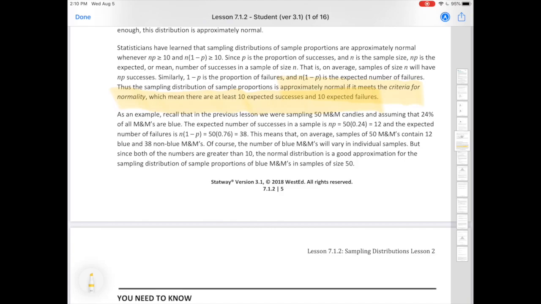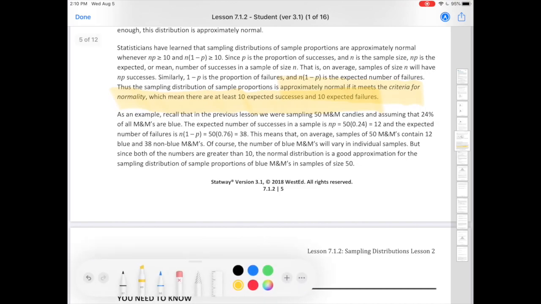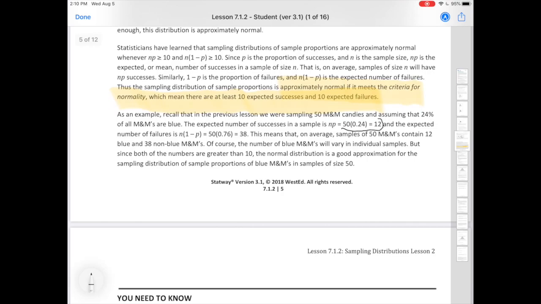As an example, recall that in the previous lesson we were sampling 50 M&M candies and assuming that 24% of all M&Ms are blue. What would be the expected number of successes in a sample? It would be n times p. So there's 50 M&Ms and you multiply it by 0.24 and this gives us 12.